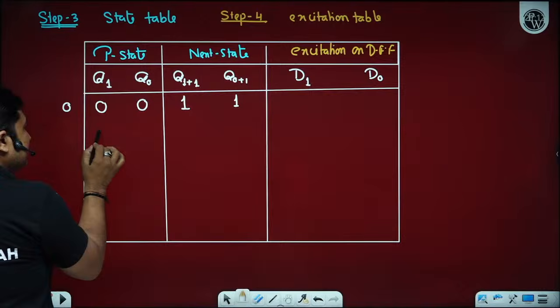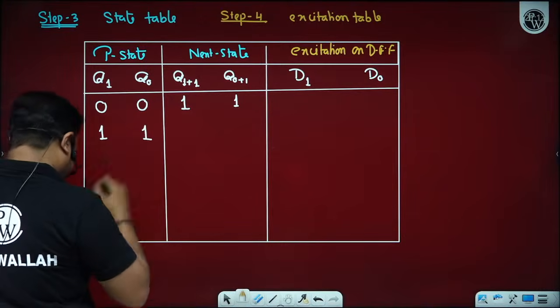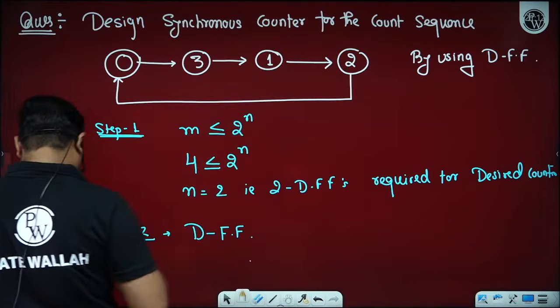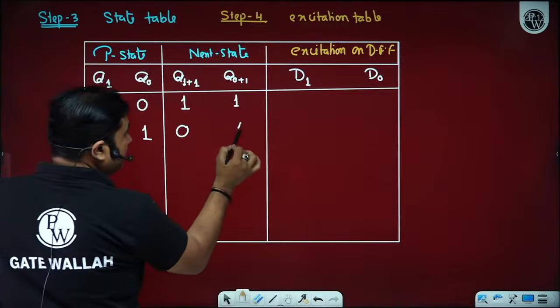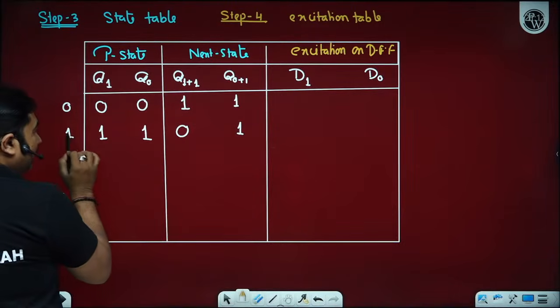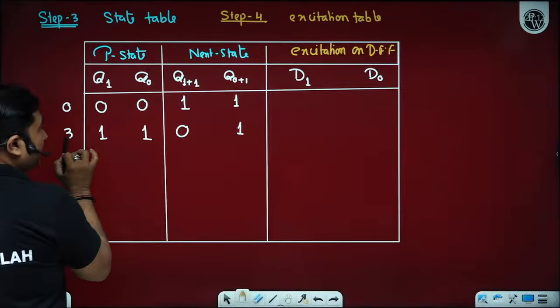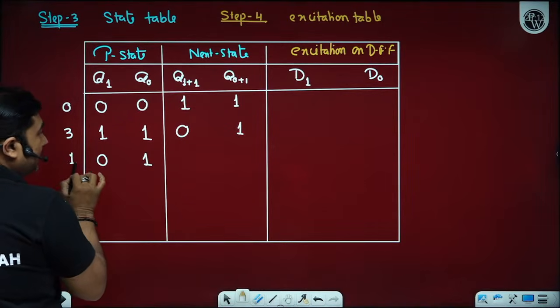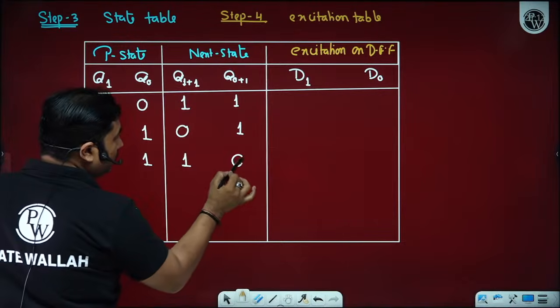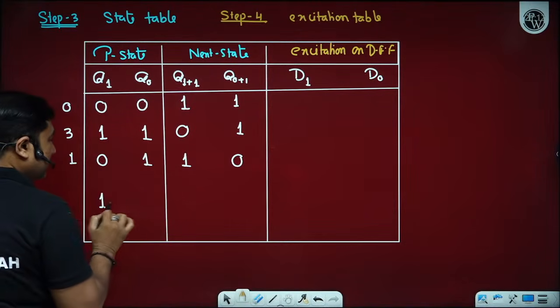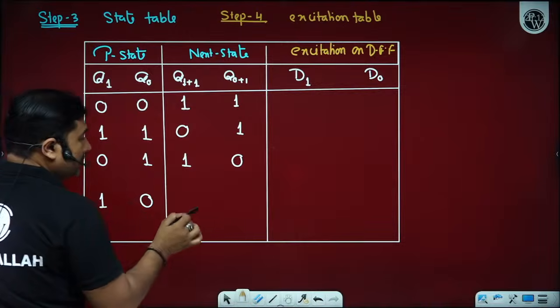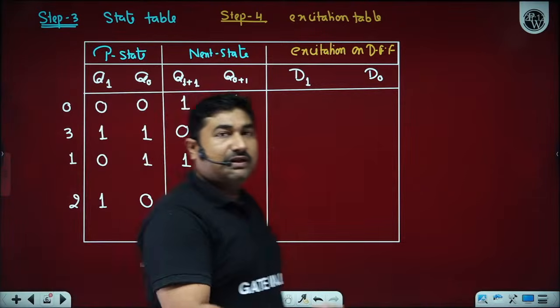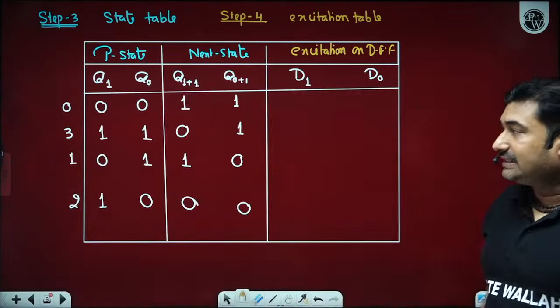If the present state is 1 1, you want the next state to be 0 1, binary of 1. If the present state is 0 1, you want the next state to be 1 0. If the present state is 1 0, you want the next state to be 0 0. So accordingly, you can fill the present state and next desired state table.